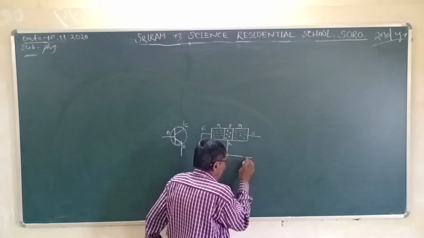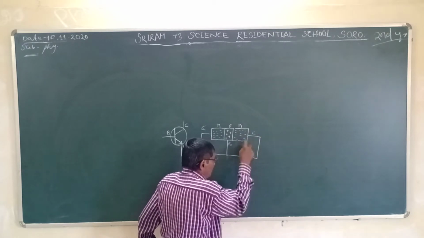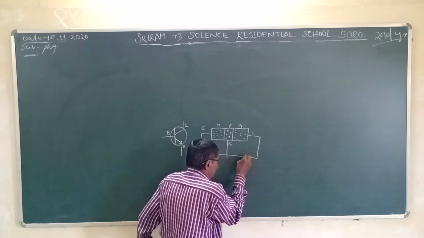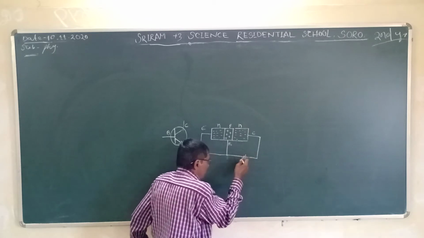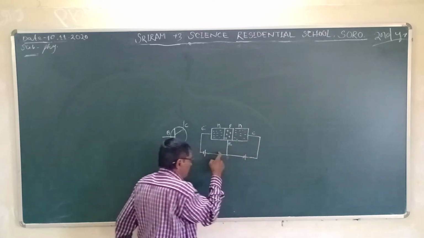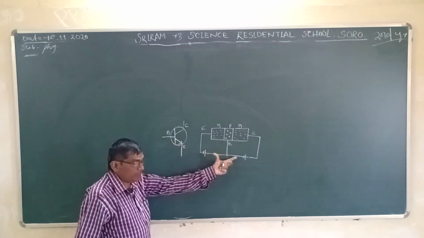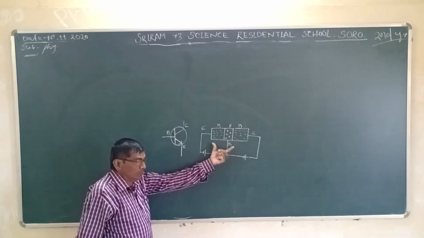The next junction is reverse biased. The negative is connected to the positive terminal of the battery. This is reverse biased. This is the collector base junction, and this is the emitter base junction. This connection is known as biasing.